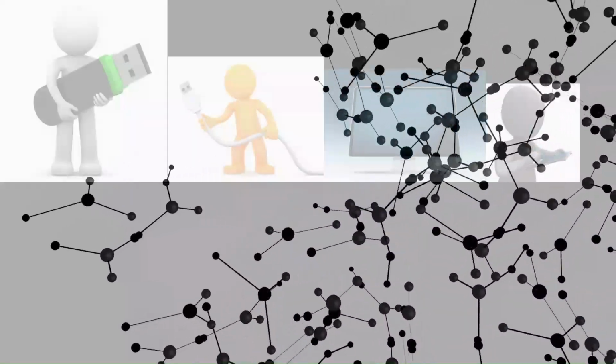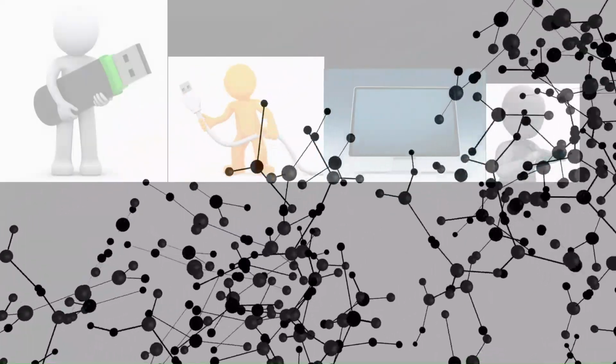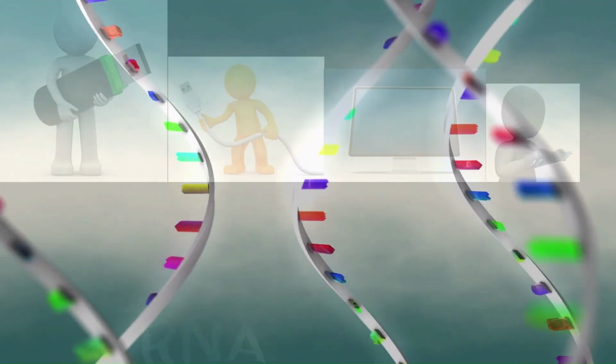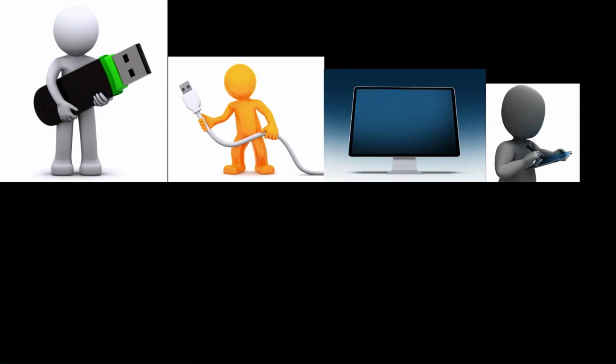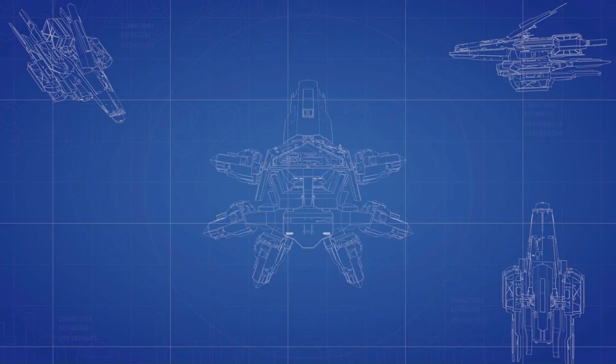In this analogy, the USB is DNA, the genetic material. The machines are proteins, which are molecular machines that enable cells to carry out their different functions. And the instruction manual in the language we can read is RNA. The process of copying DNA into RNA is called transcription.